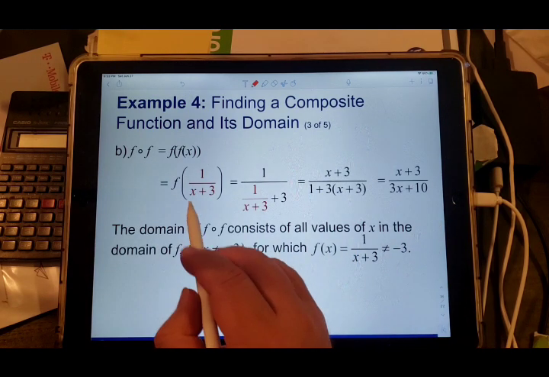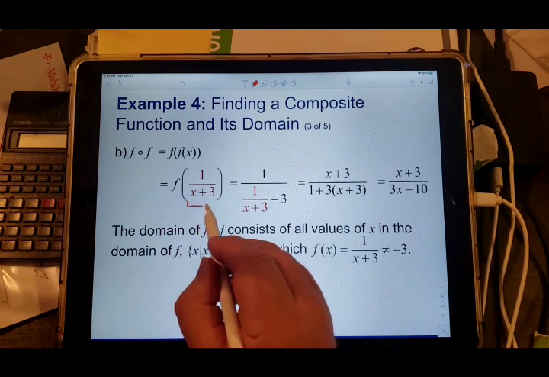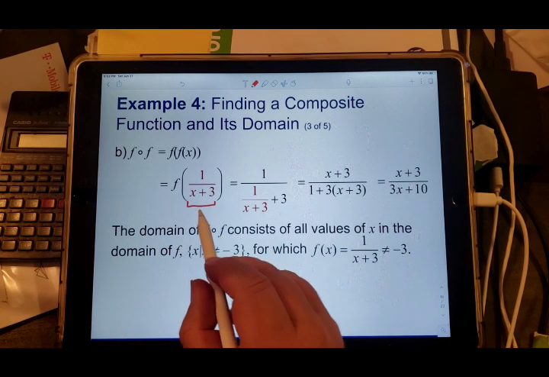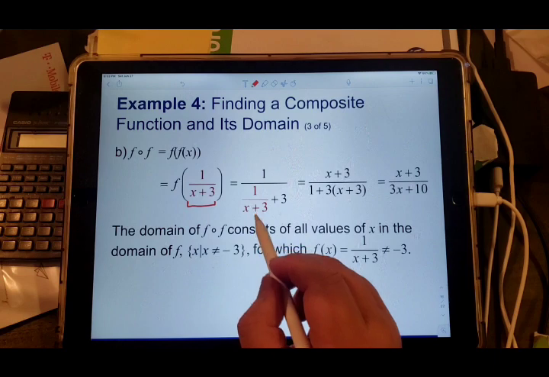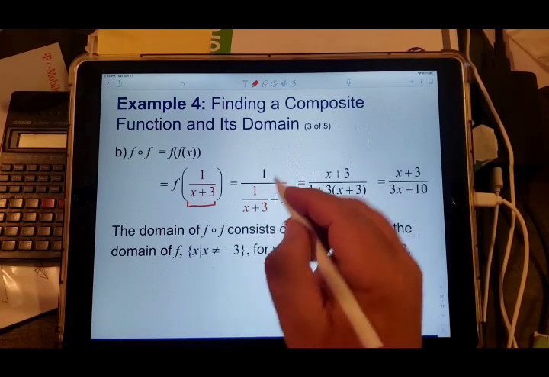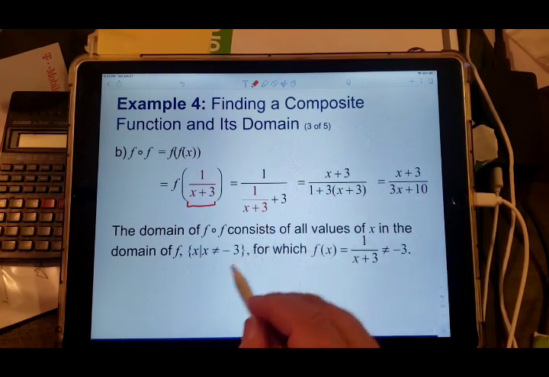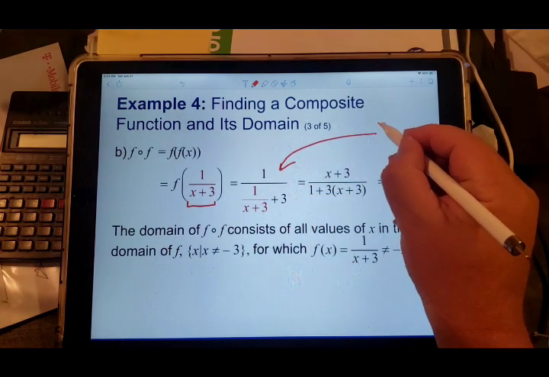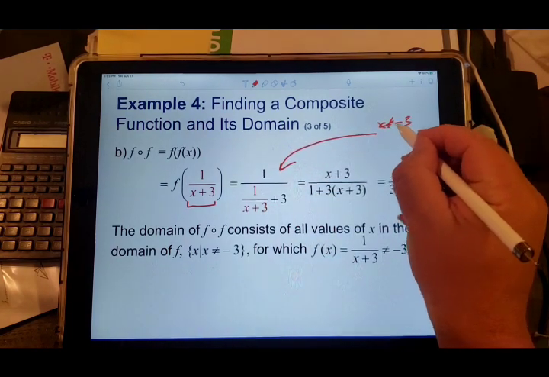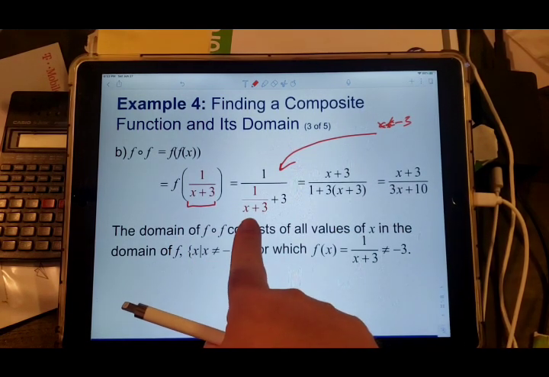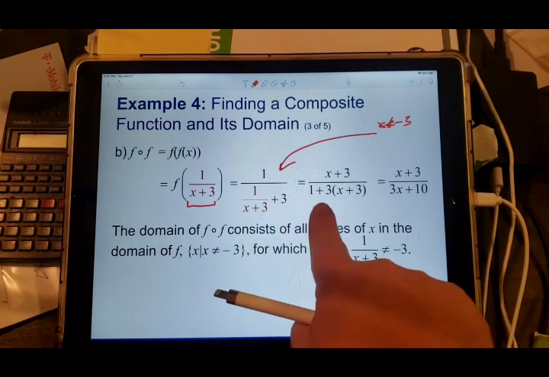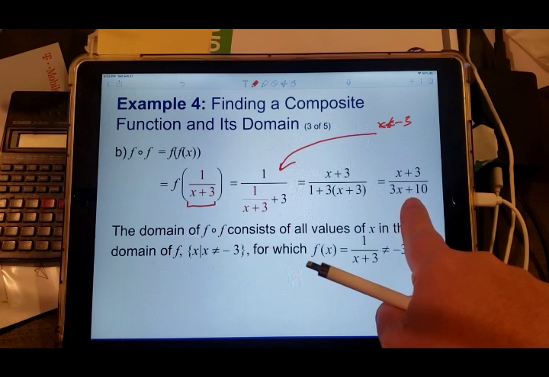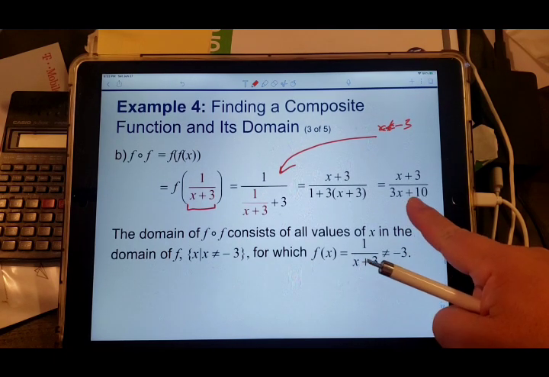Okay, f of f, pretty straightforward. f of f, do what it says. At this moment, I notice, we're going to keep a running tab, that x cannot equal -3, because it would give me an error right there. Continue the calculation, and notice what this would give you.